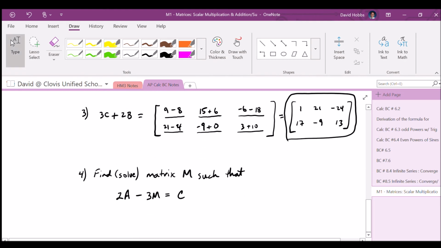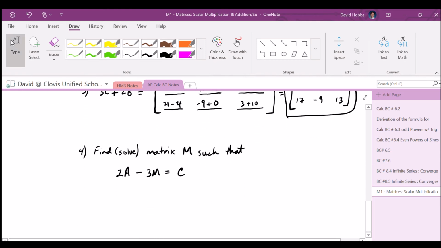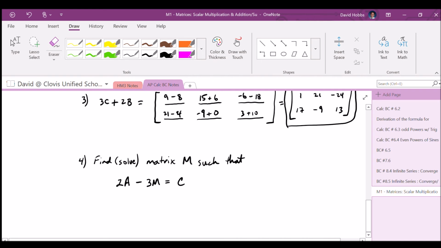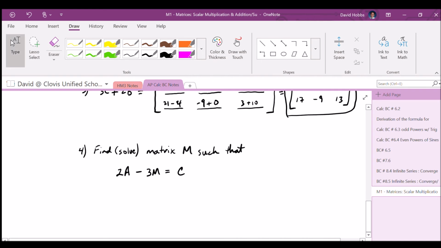Last one here: solve for matrix M such that 2A minus 3M equals C. The A and the C are referring to the matrices up here. We could actually do our algebra first. 2A minus C equals 3M.